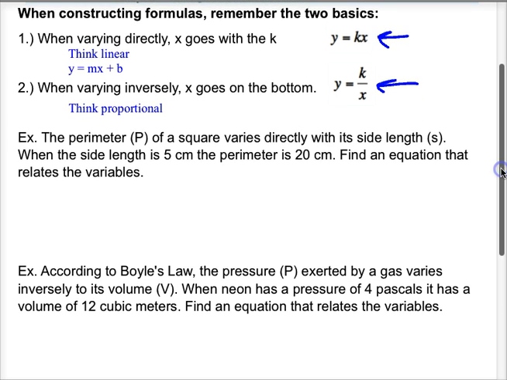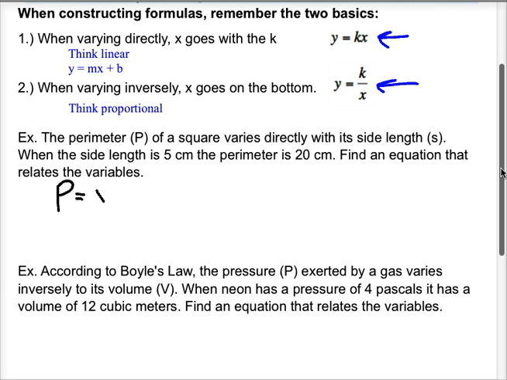So let's take a look at our first example. The perimeter P of a square varies directly with its side length. When side length is 5, the perimeter is 20. Find an equation that relates these variables. All right, so the perimeter P varies directly with its side length.